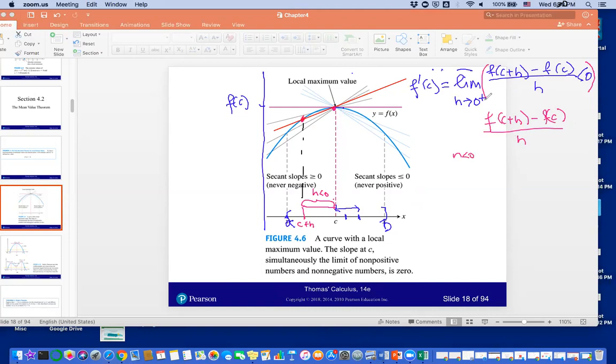What can you tell me about the slope of this red, beautiful secant line? Positive, negative? Positive. It's positive. Quickly, if I make h half that size, if I now shrink the h, that's my new negative h.